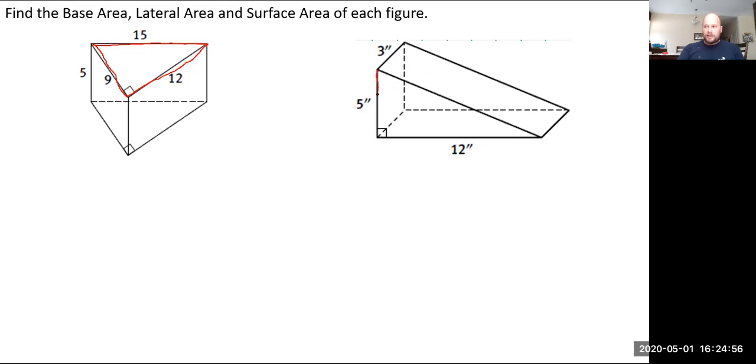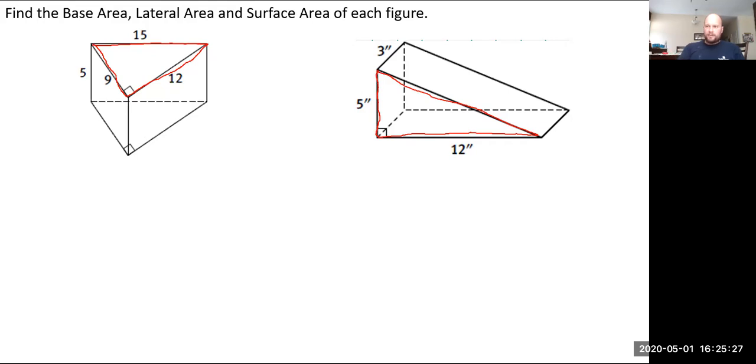So the triangle that's on the front and the back, they are the bases. Let me highlight one of them here for us. Again, those triangles are the bases. It doesn't matter that it's tipped on its side. Base does not mean bottom. Base means it's the two faces that are parallel and congruent. So they're in parallel planes and they're congruent to one another. The rectangles in that second image are not parallel to each other. They cannot be the bases.